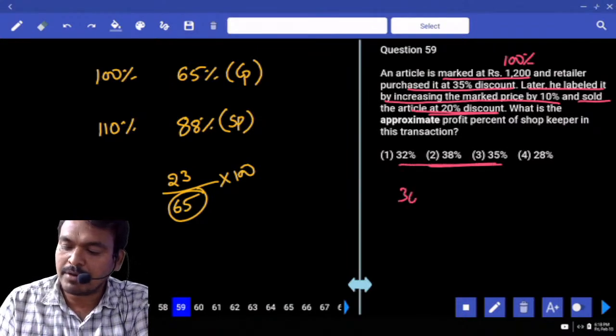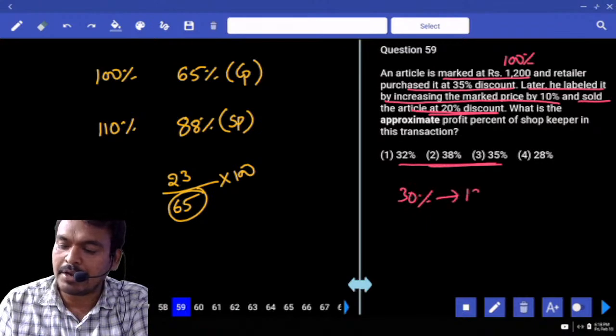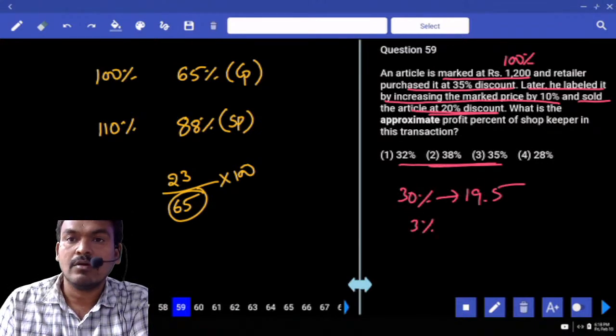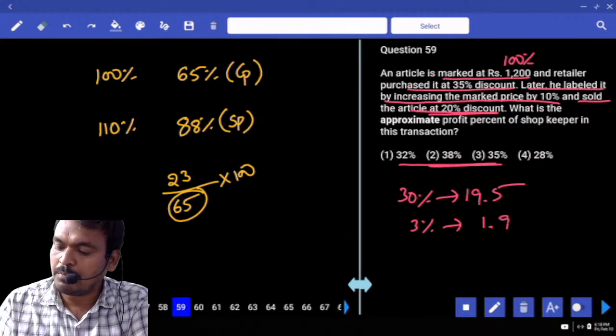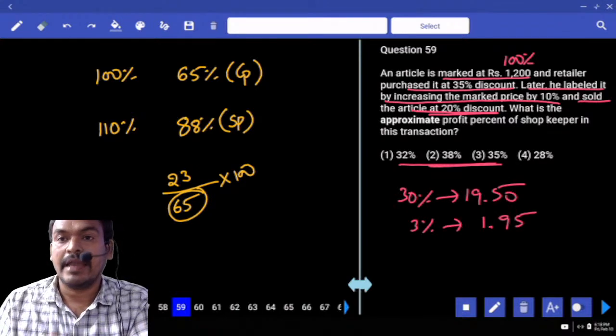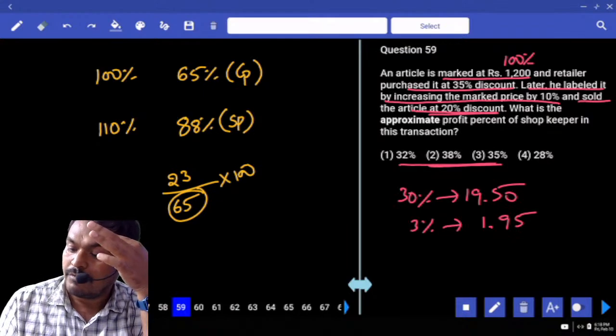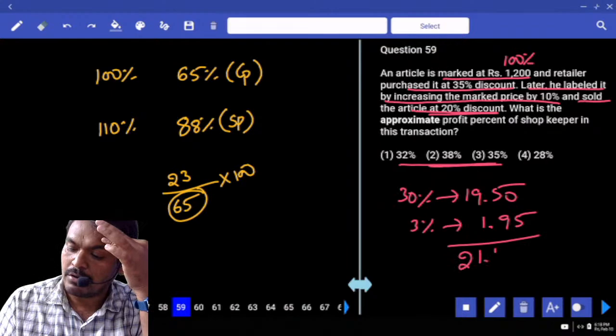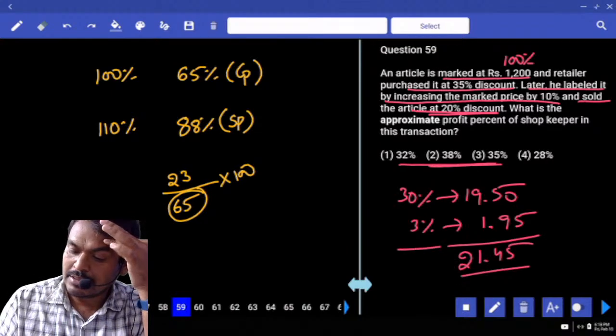First, what is the 30% value? 19.5. Again we take the 3% value. What is the 3% value? 1.95. 19 plus 1, 20. 50 plus 95, 145. It is 21.45. Then 33% value, 21.45.